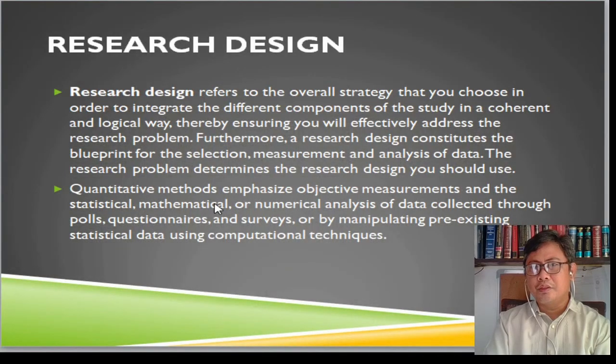Okay, so quantitative methods emphasize objective measurement and statistics, mathematical or numerical analysis of data collected through polls, questionnaires, and surveys, or by manipulating pre-existing statistical data using computational techniques. So in a quantitative method, we will be using numbers in order for you to compute and analyze your data using your statistical treatment.